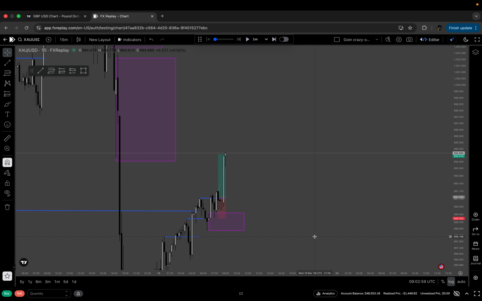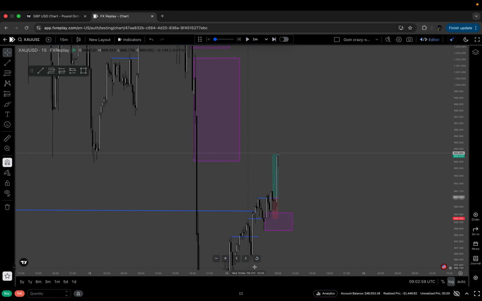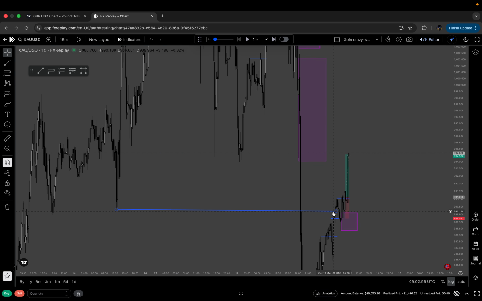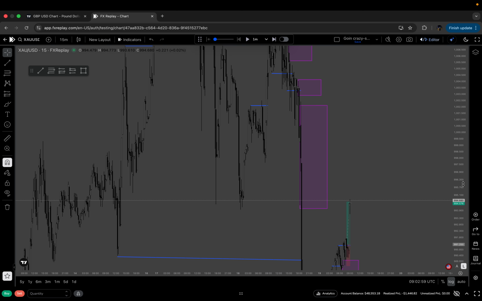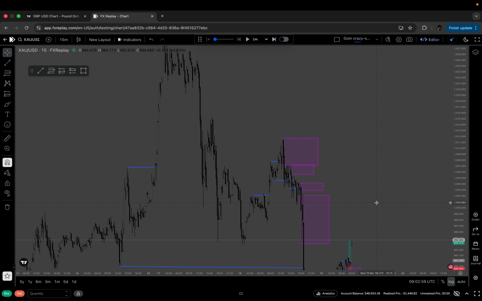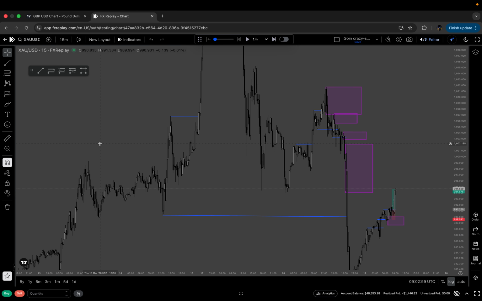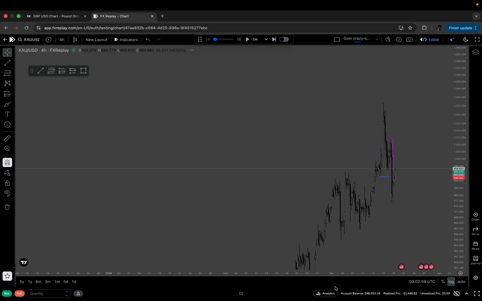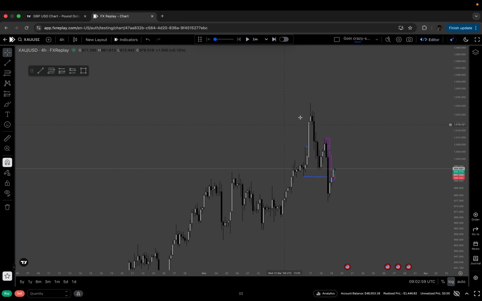So yeah, I just wanted to go over a trade that I took yesterday, following this process. As you guys can see, 15 minute, because we are sticking to the 15-minute time frame, right? As you can see in the 4 hour, our current structure is bearish internally.